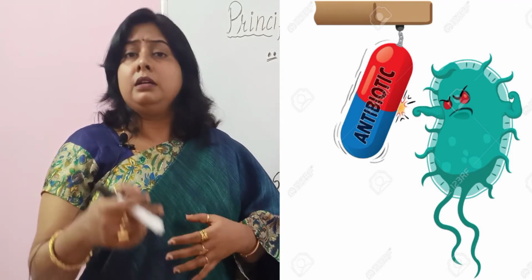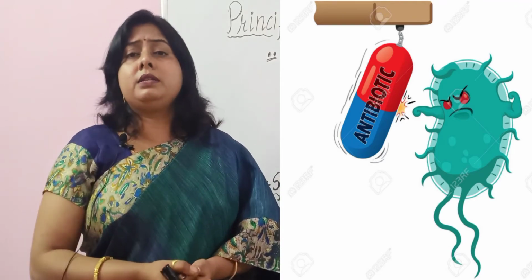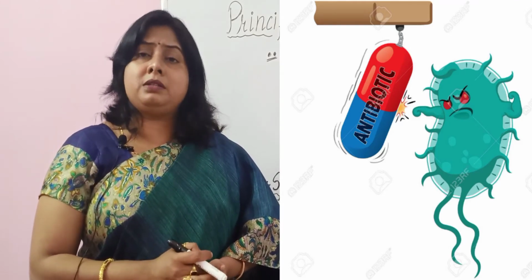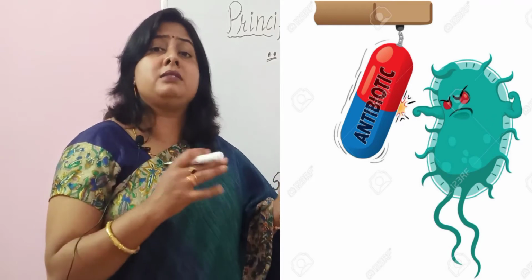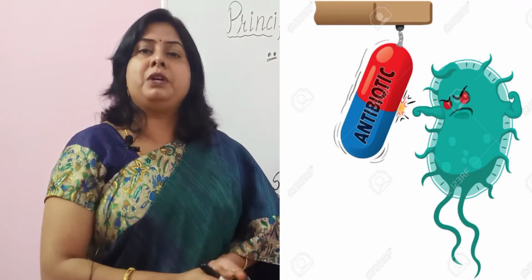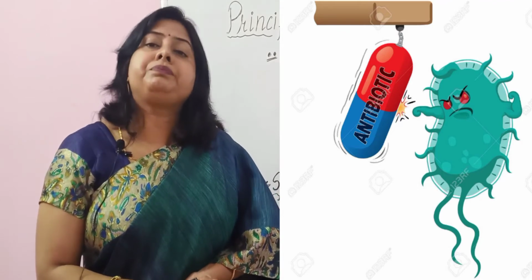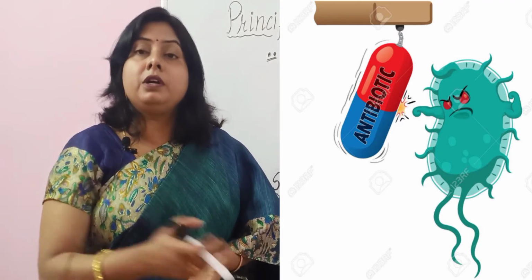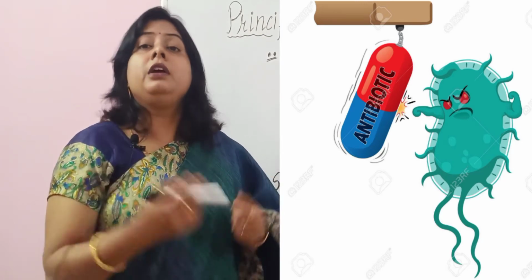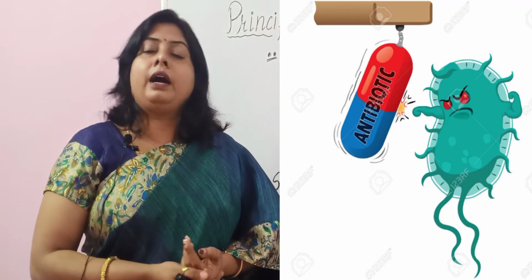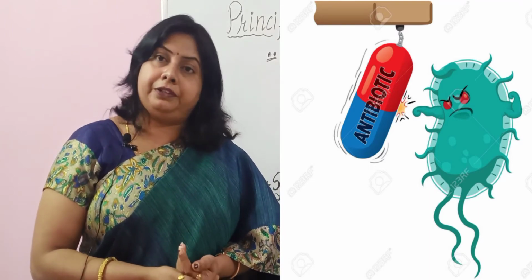If it is any other bacterial disease, say pneumonia, the doctor will search for the antibiotic which is best against Diplococcus pneumoniae. And the specific treatment will start with the administration of antibiotics. In severe cases, the antibiotics are given in injection form so that a faster and higher dose can be delivered.